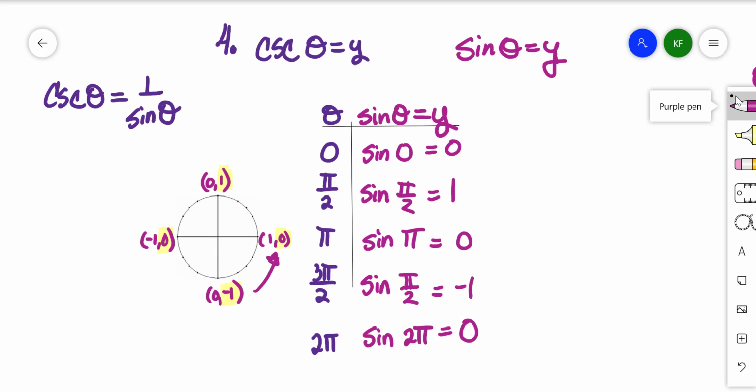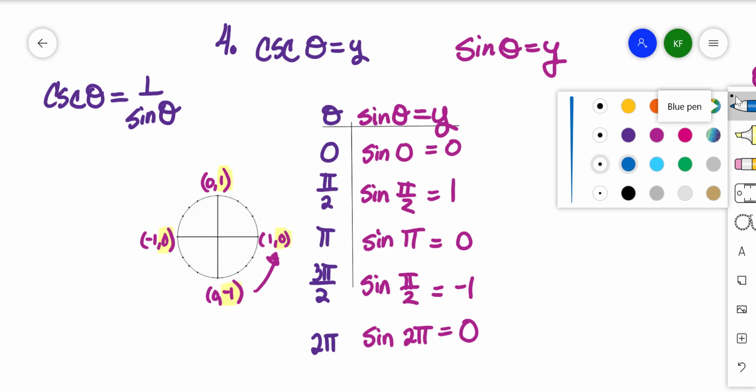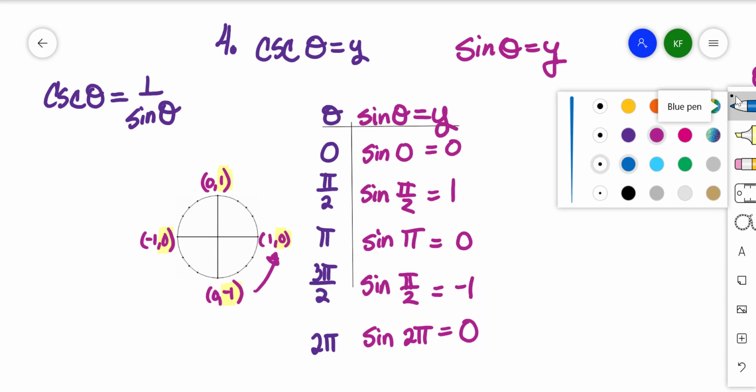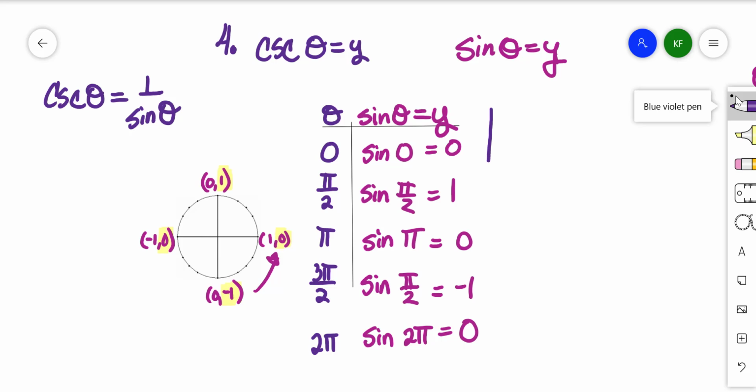All right, so then we're going to calculate the values for our actual graph, which is cosecant. So we're going to make another part of the table here. So this is cosecant theta. And you could use the special triangles if you wanted to.